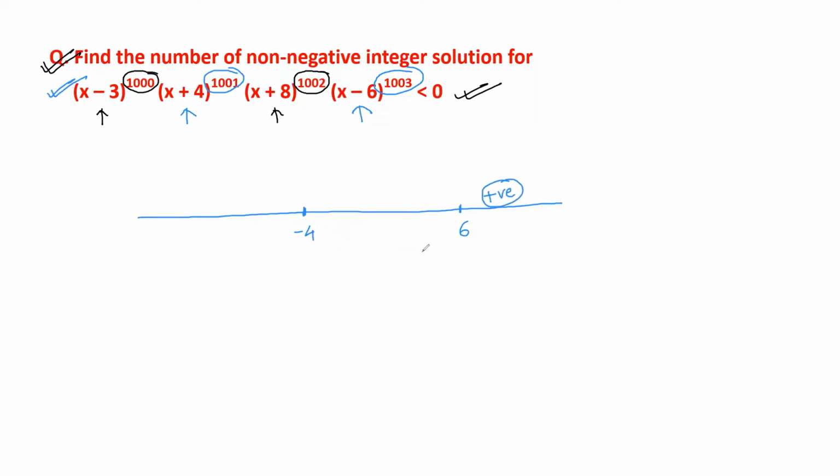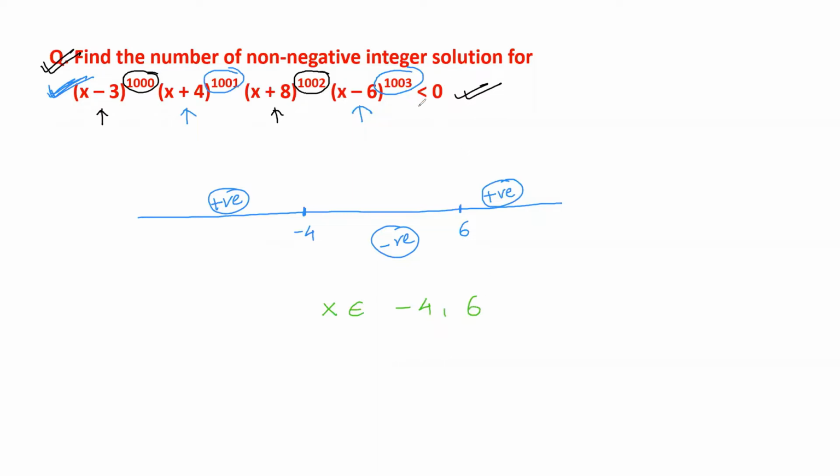Between −4 and 6, this polynomial would attain a negative value, and for values less than −4, it would attain a positive value again. So the range of values of x for which this polynomial would be less than 0 is simply x belongs to (−4, 6).